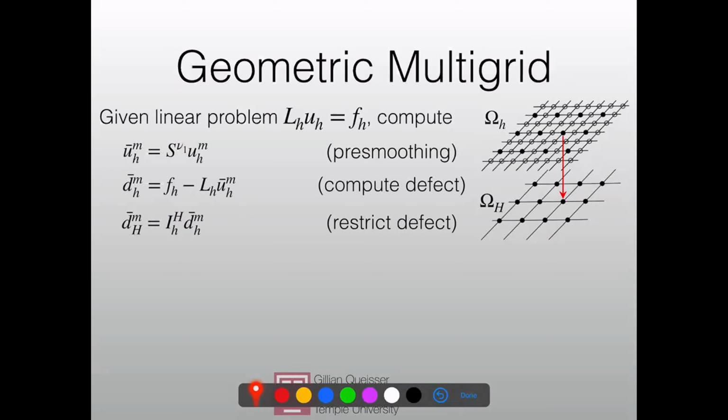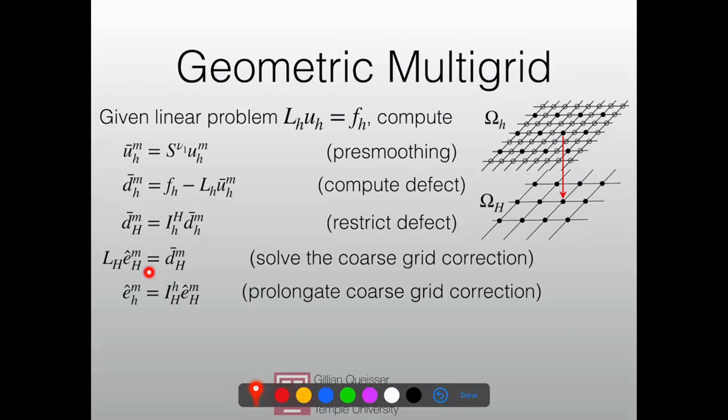Then we solve the coarse grid correction. So we solve this equation, which should be cheap because we're on a coarse enough grid. Once we've done that, we can prolongate the coarse grid correction back to the fine grid by some prolongation operator. All these ingredients have to be defined and chosen wisely.